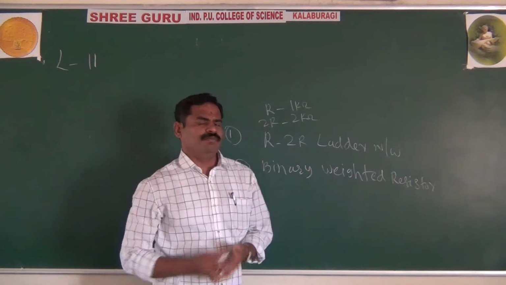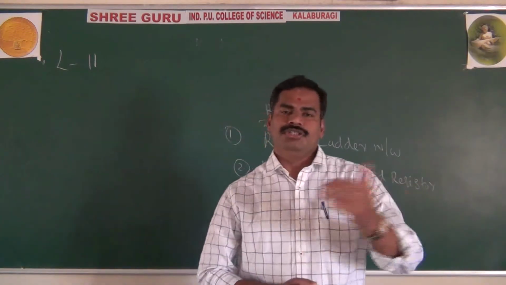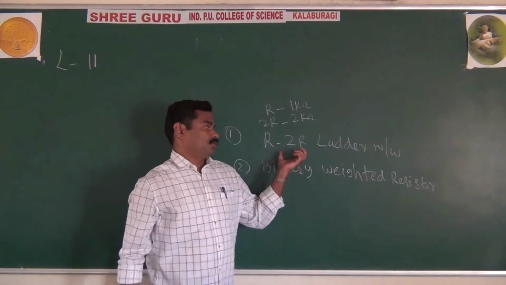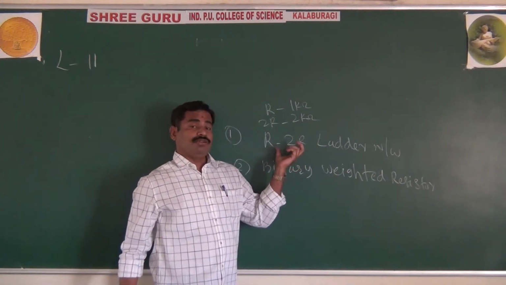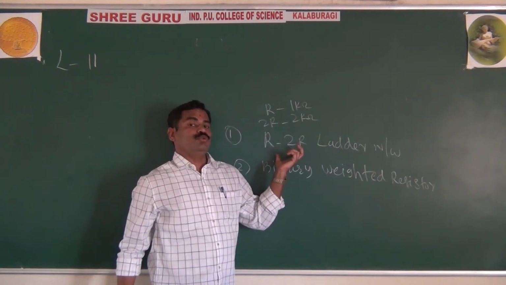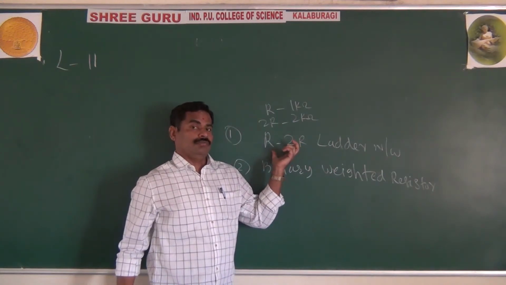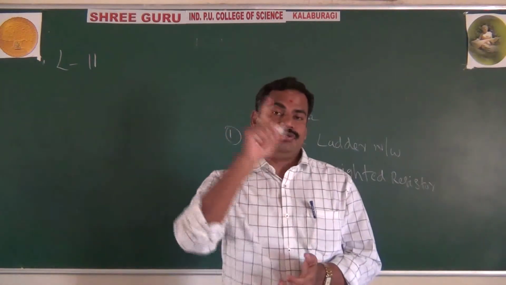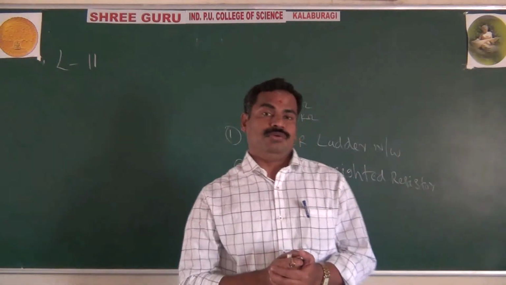As we know already, the buffer amplifier is nothing but a type of amplifier, basically the operational amplifier. But the important thing is that in a buffer amplifier the voltage gain is 1. It is also called a voltage follower. It means the output voltage follows the input voltage.